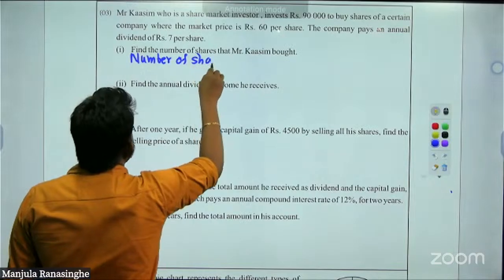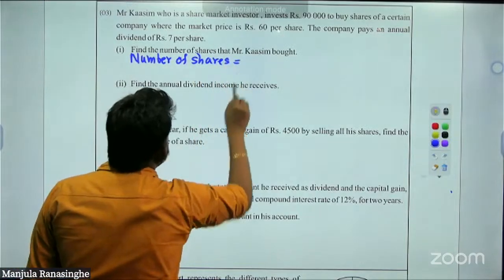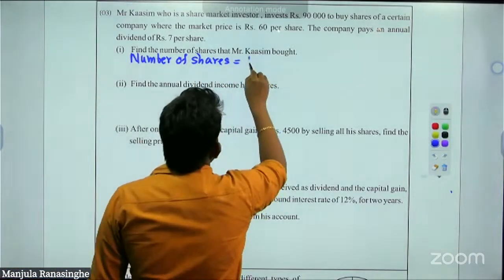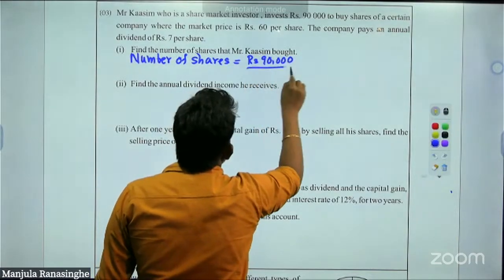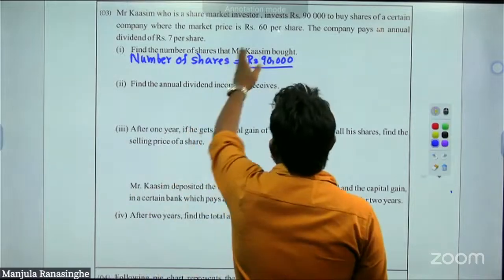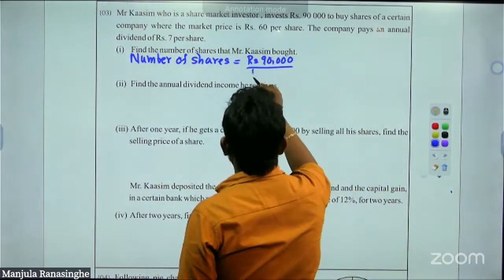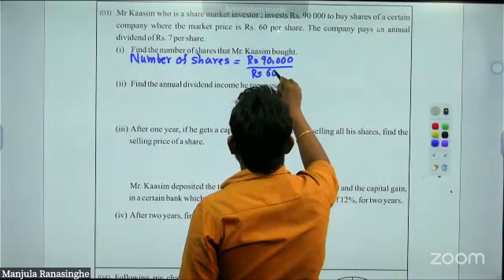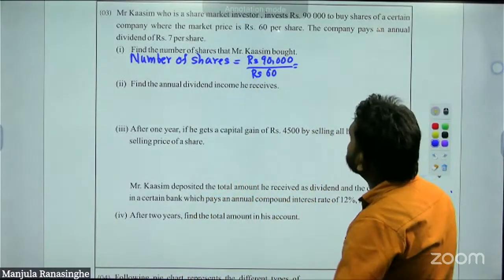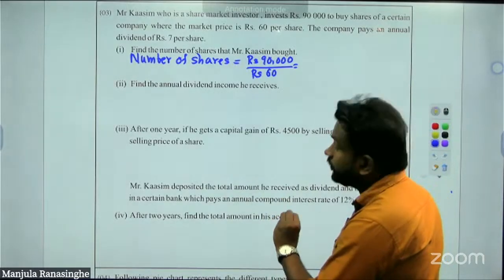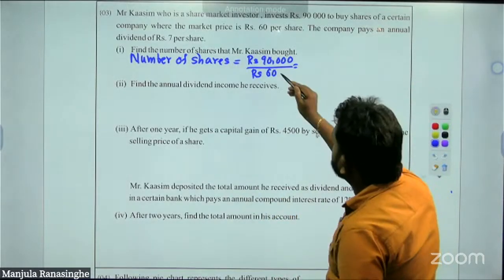Number of shares he bought, how to take? Just the invested amount, invested rupees 90,000, divide by rupees 60 per share. Just the invested amount divided by the market value of one share.